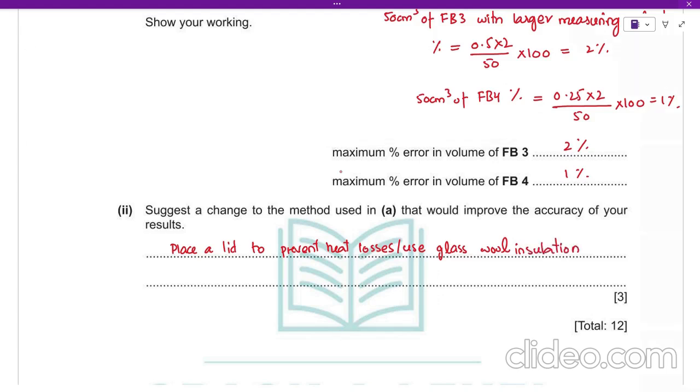This can also be done. What else can be done is that you use a more precise thermometer.